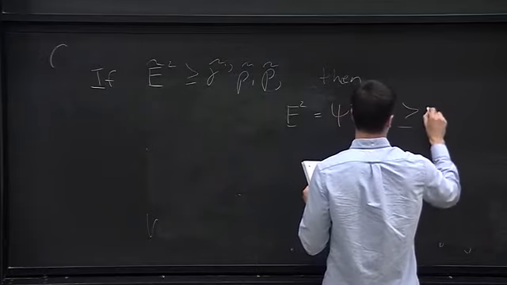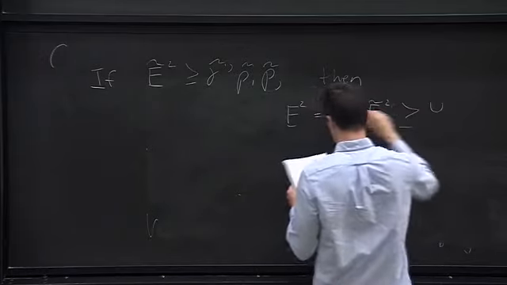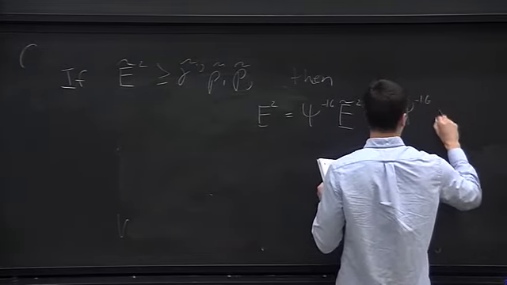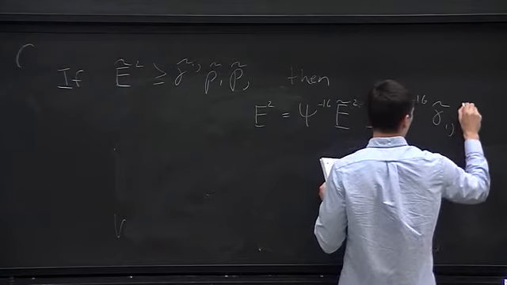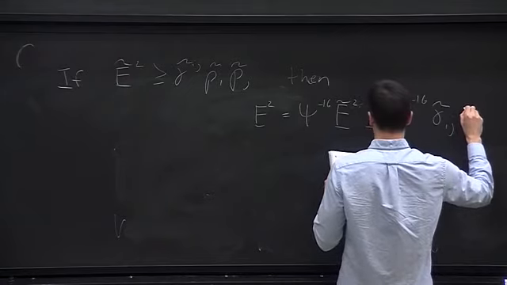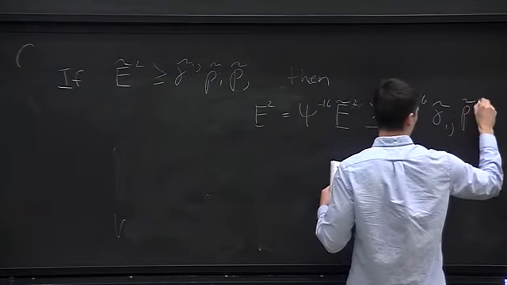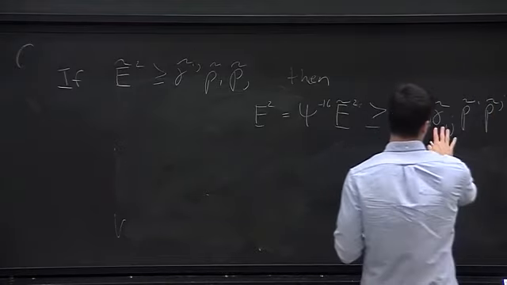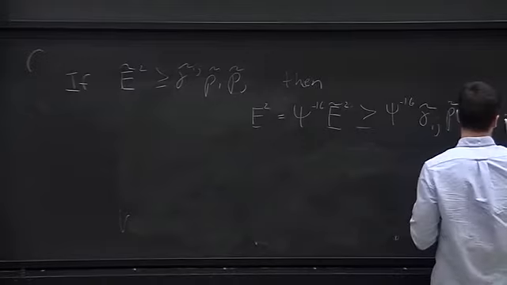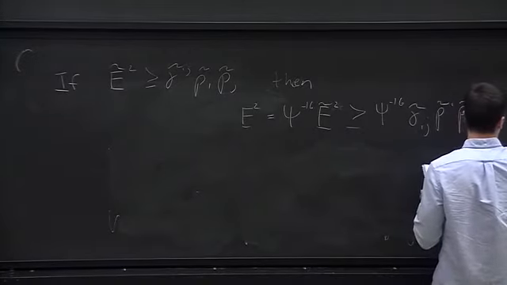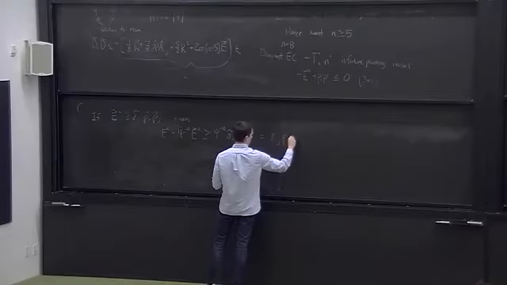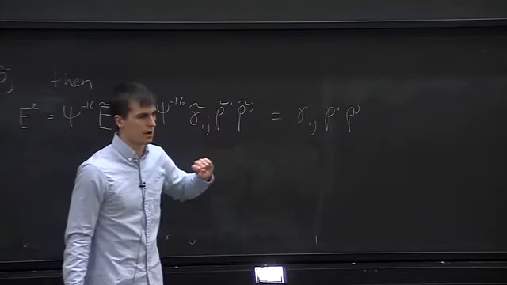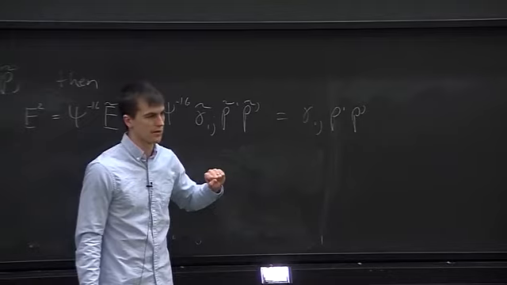And then from this, we get, and then if we work out how all these quantities scale, we just get the square of our momentum density after it's rescaled.